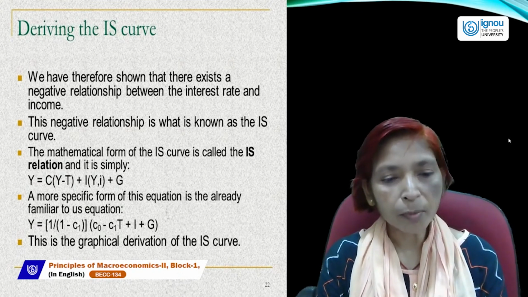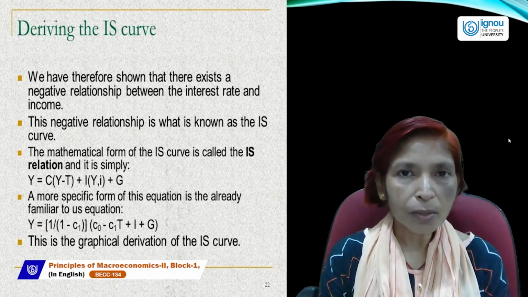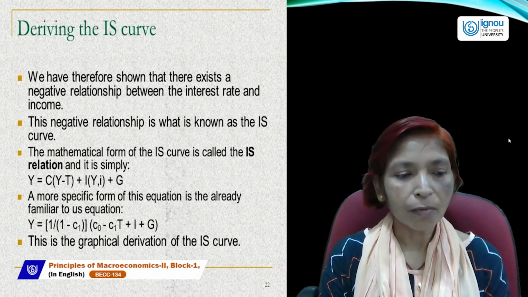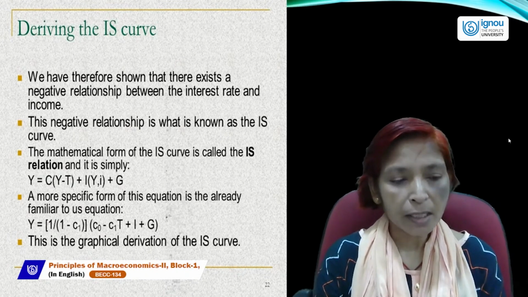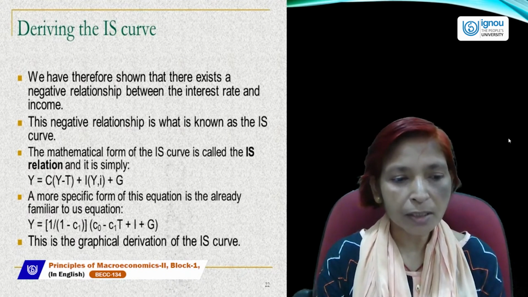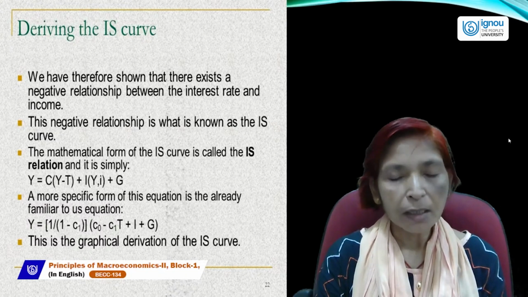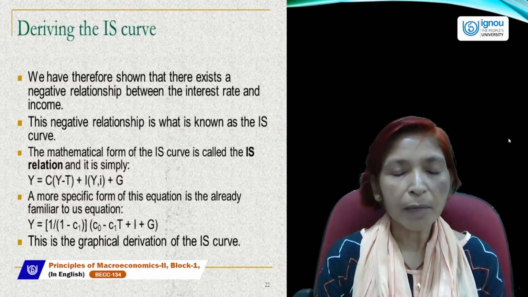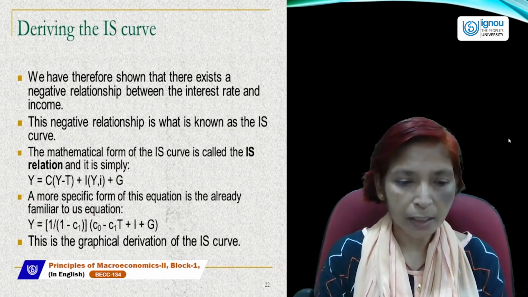A more specific form of this equation is the already familiar equation Y equals 1 upon 1 minus C, where 1 minus C is 1 minus MPC, or 1 upon 1 minus MPC is equal to 1 upon MPS, or K. And in this form, C0 is autonomous consumption, C1 is MPC, which depends upon disposable income, calculated by deducting direct taxes from income, I is investment, and G is government expenditure.